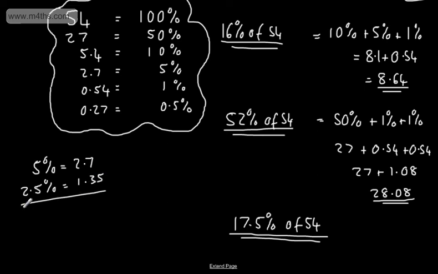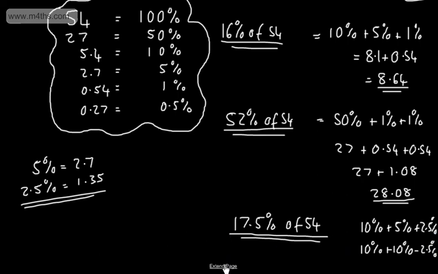So one way that we could find 17.5% is now to either do 10% plus 5% plus now the 2.5%. That's one way we could make that. Another way is the 10% plus 10% minus now the 2.5%.